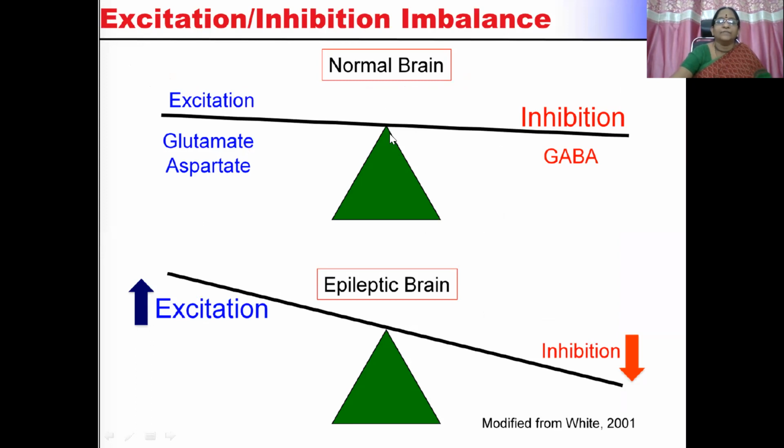So this is normal. Whereas in the epileptic brain, there will be exaggerated excitation because of the exaggerated release of glutamate and aspartate, and inhibition of the inhibitory neurotransmitter, that is GABA. So this results in the development of epilepsy.